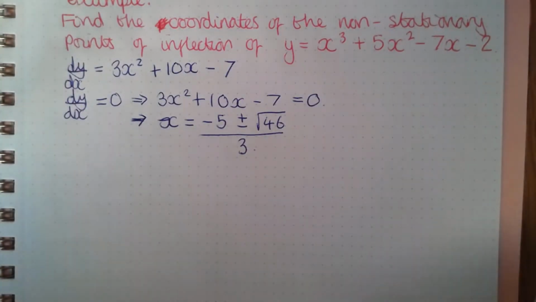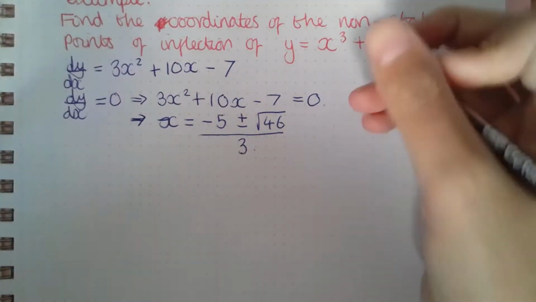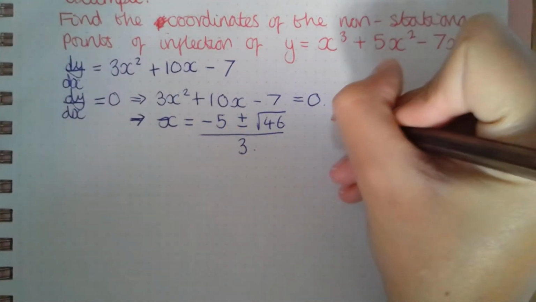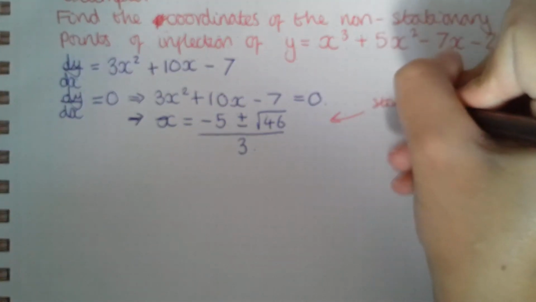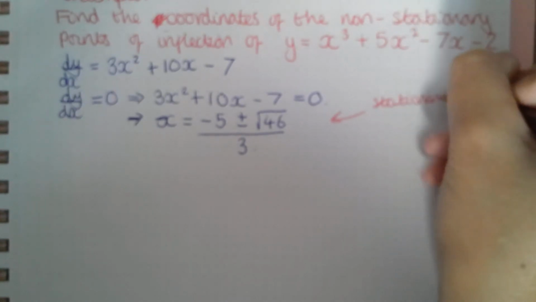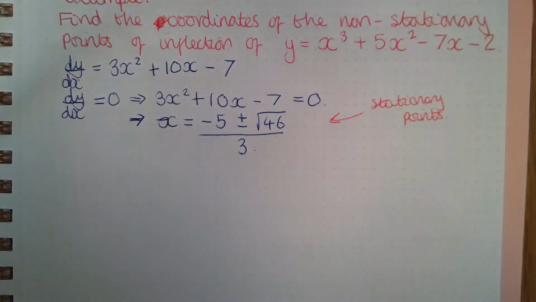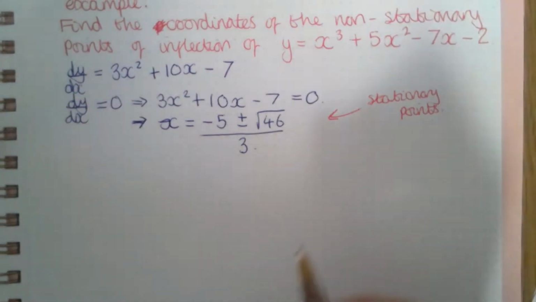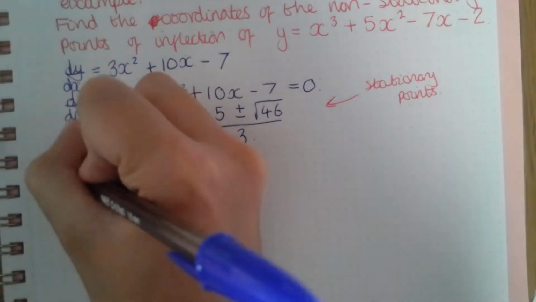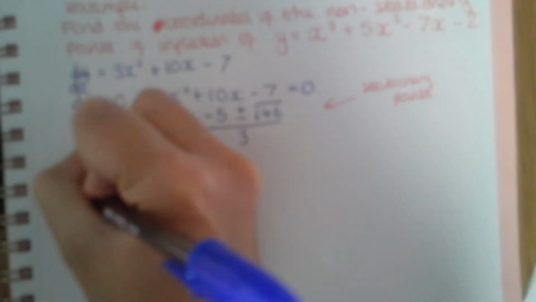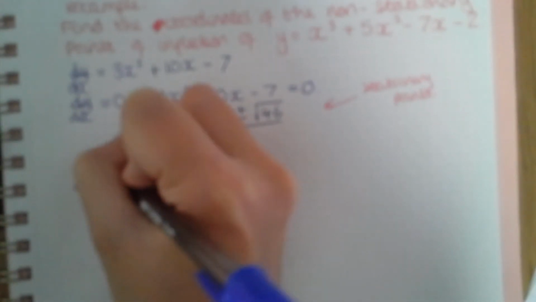So now we found our stationary points, so you can write a little note: these are our stationary points. So now we need to find our points of inflection. So at a point of inflection, we know that the second differential is equal to 0. So we need to find the second differential first.